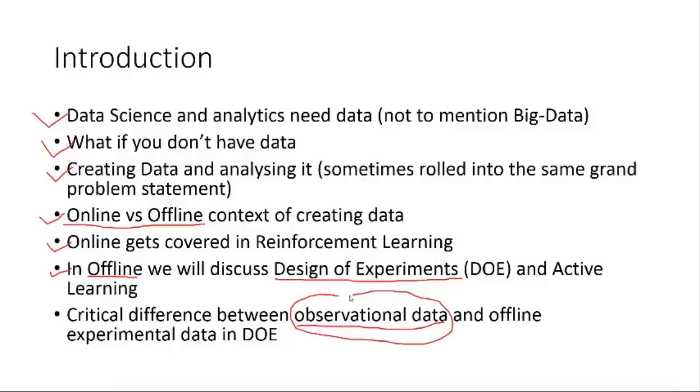What we're focusing on right now is, is there some way for me as the agent that wants to collect the data to actively engage with the system and choose what data gets collected? And that's what we will be doing both in design of experiments and active learning. You are in an offline setting, meaning that you are right now committing all your resources to collecting the data, and you can collect whatever data you want, but the point is that you are going to be controlling what data gets collected.